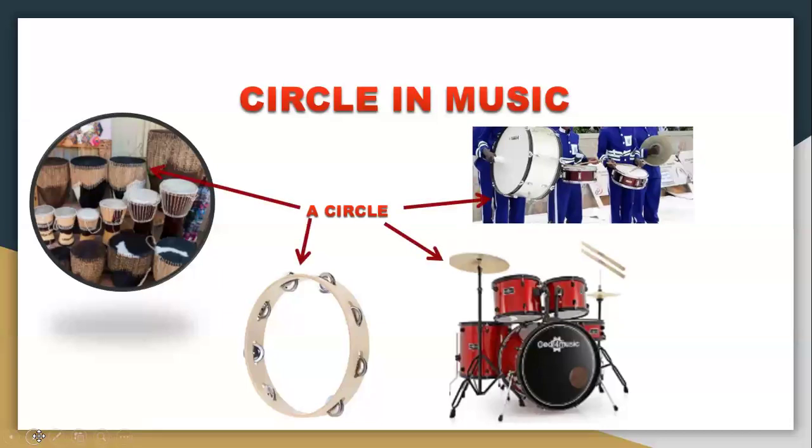When you come to music, you have noticed that some of the music instruments that they use, take an example of the drums, the shakers, the drum kit, the brass band, there's an element of a circular thing. So circles can manifest themselves in different shapes and we can use them in our daily lives.